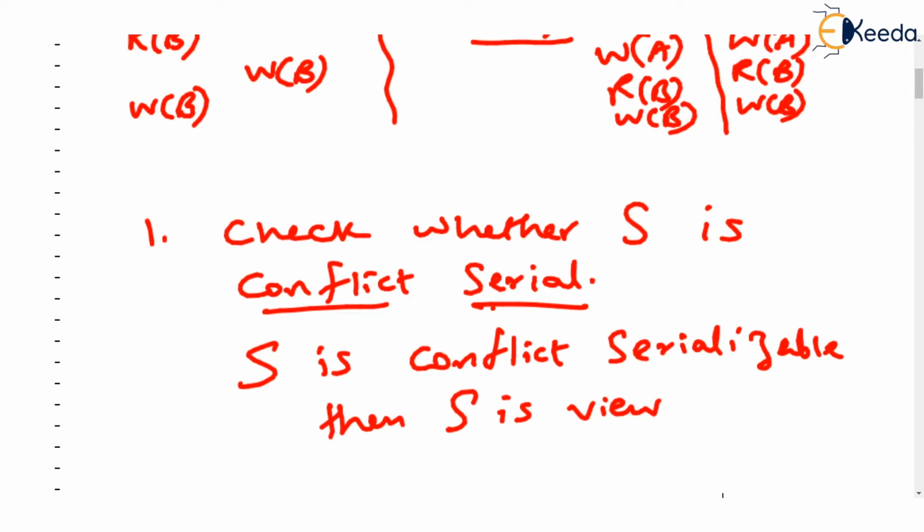That's great. That means if you want to check whether a schedule is view serializable, you don't have to rigorously start checking all the serial schedules and all those three conditions of initial read, final write, and updated read. First you check whether that schedule is conflict serializable. If it is, then stop. Say that it is view serializable, definitely, isn't it?